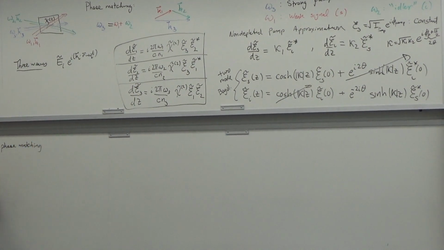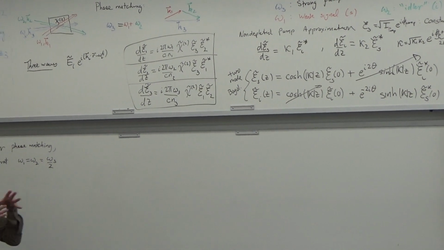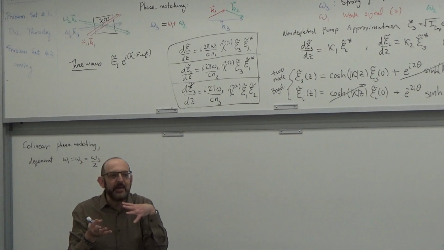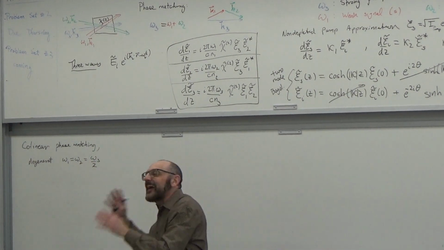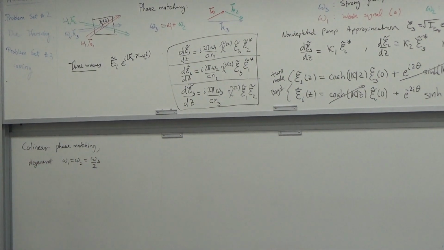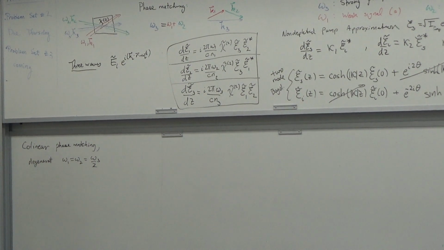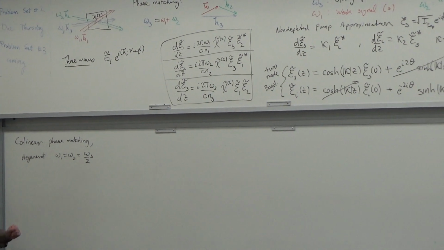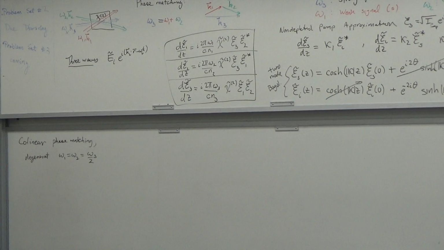We'll take it to be degenerate. So let's just say that omega 1 equals omega 2, which is half of omega 3. Let's just say we set up the crystal in such a way that we can satisfy those conditions. It depends on technical details of what the birefringent crystal is and how we do that, but who cares?